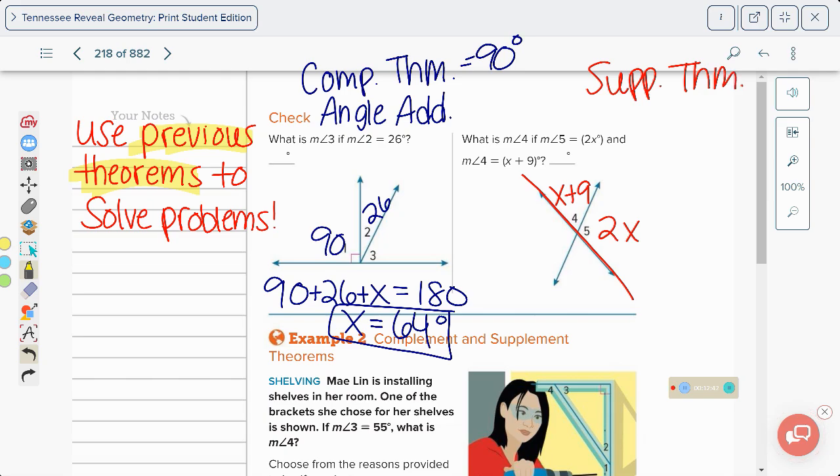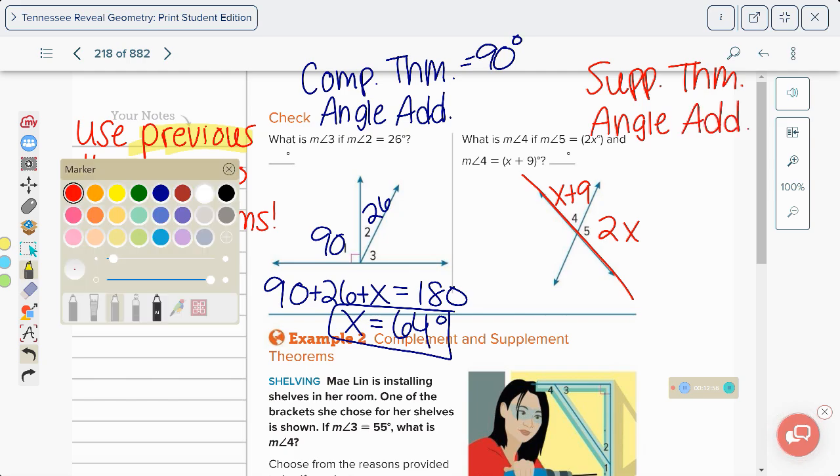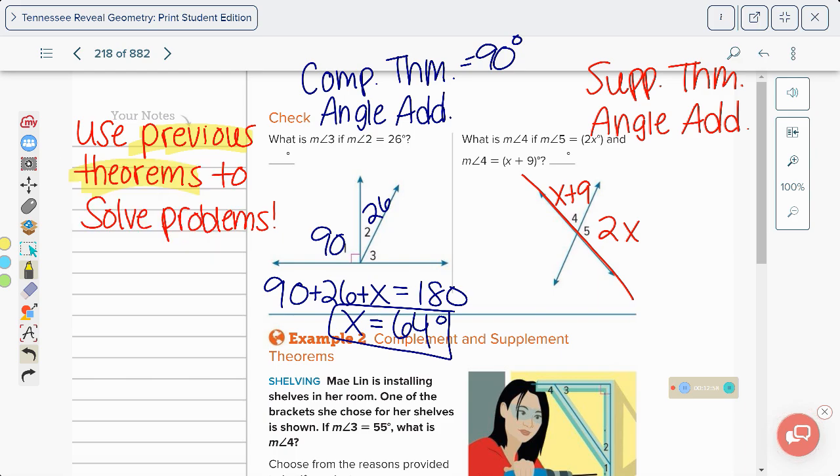Because again, supplementary angles equal 180 degrees. Okay, you could also say the angle addition postulate as well. But from here to solve, we add our values. We're going to set it equal to 180 because they form that line there. And then solve for x.